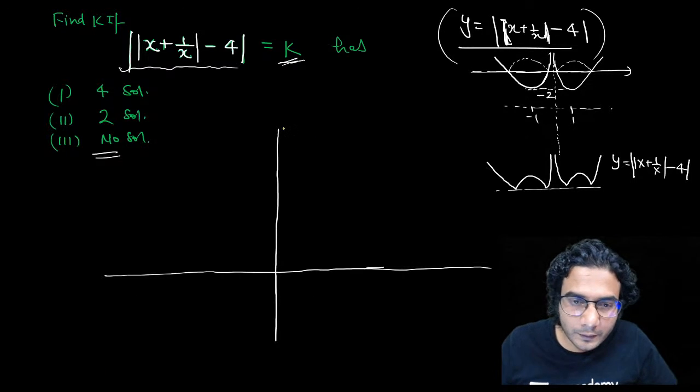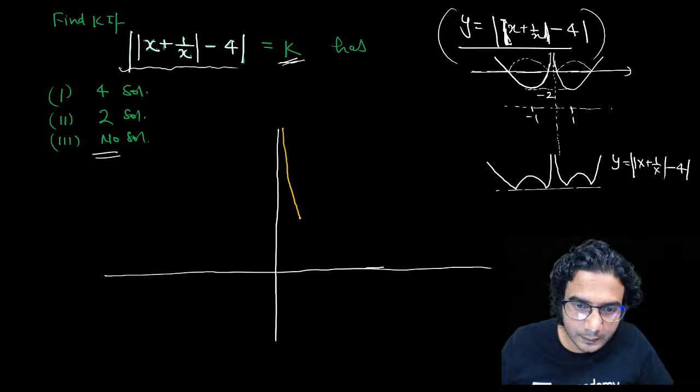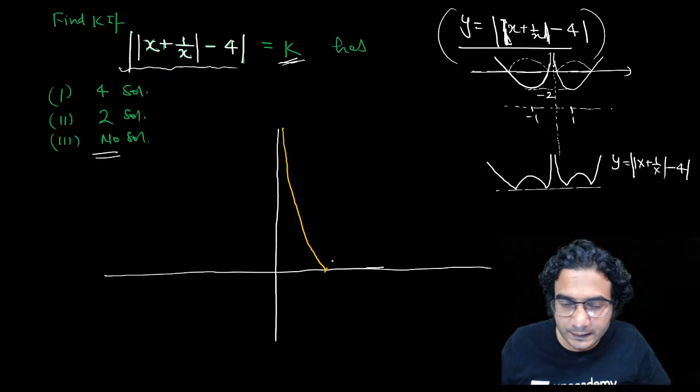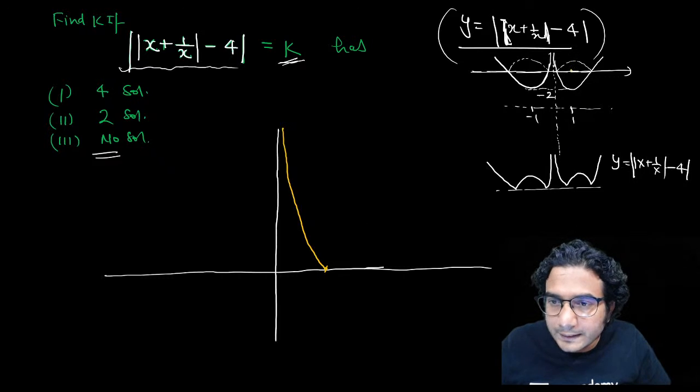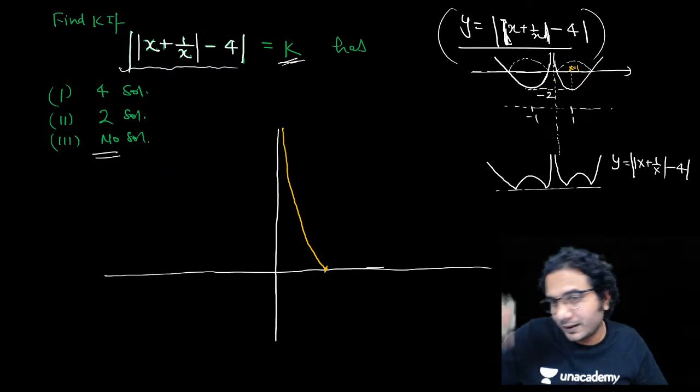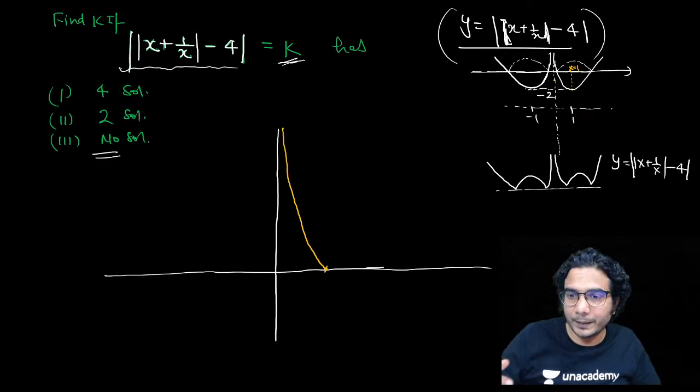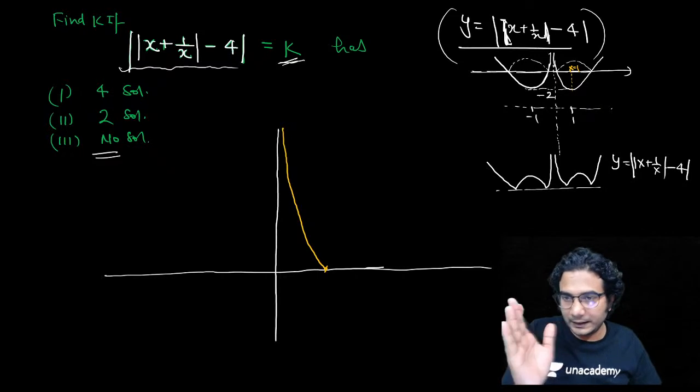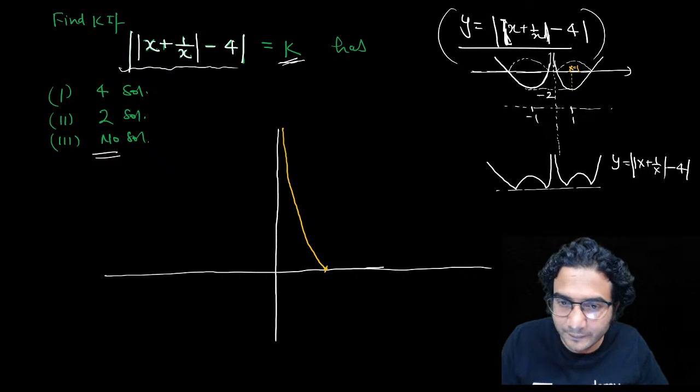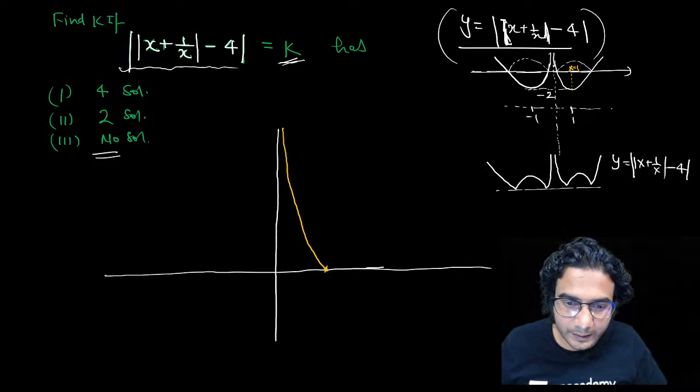So this will come from plus infinity. It will become 0 at some point. Let's check which point is this, we'll check if required, then only. This peak we know. This peak was at 1, right? So this peak will remain the same because you are just transforming up and down, not left and right. So that point will remain the same.